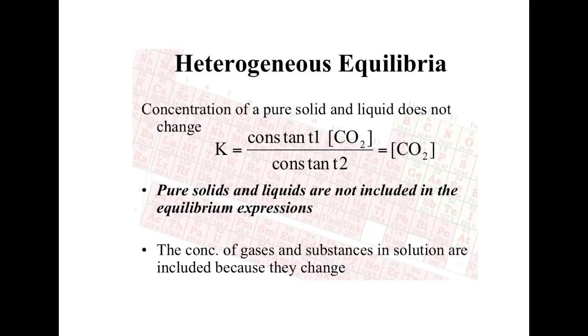Okay, all right, so let's go ahead and take a look at some examples. It's pretty straightforward, pretty simple here. For letter A, I'm going to write the equilibrium expression. So I'm going to put the products over reactants. In this case, I'm going to put the concentration of H2SO4 on the top.